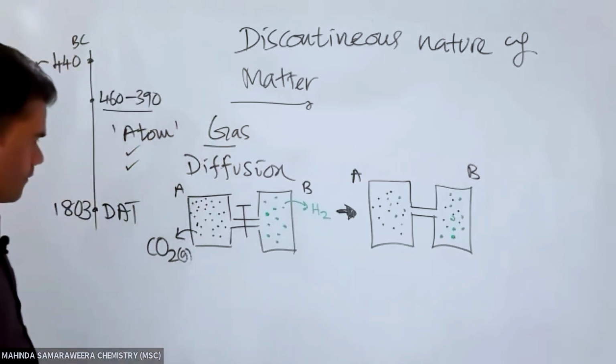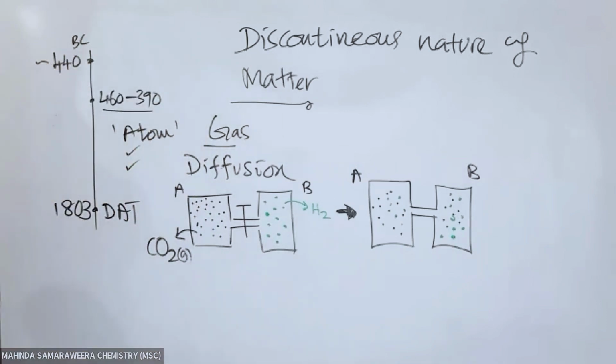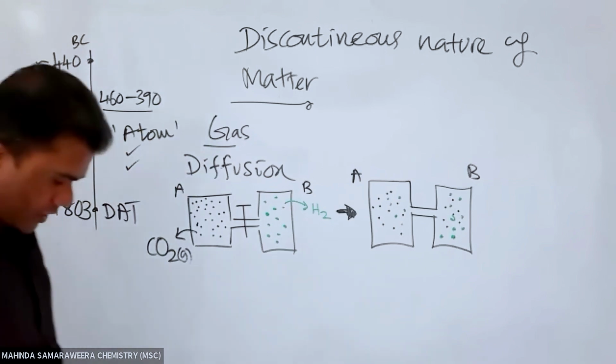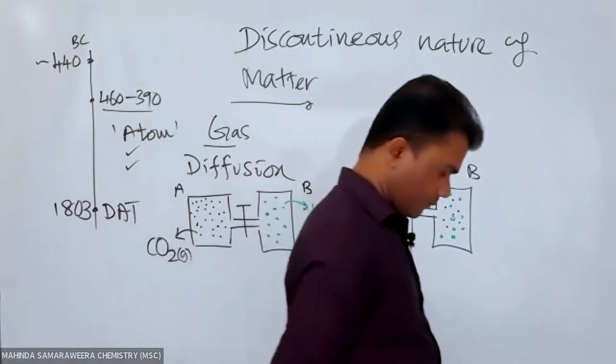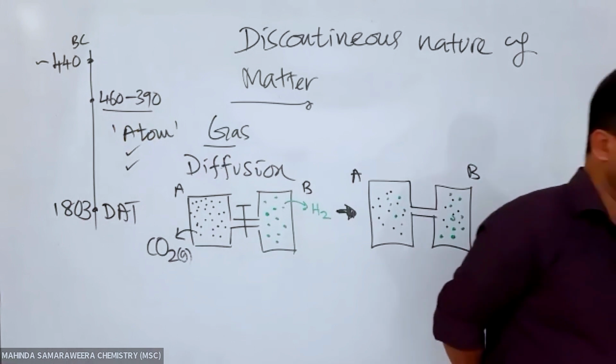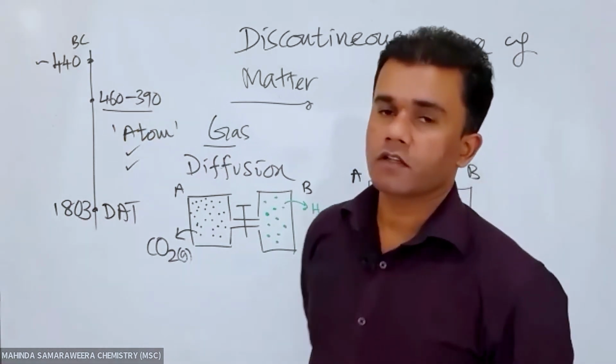Vessel B is filled with hydrogen gas with low concentration.